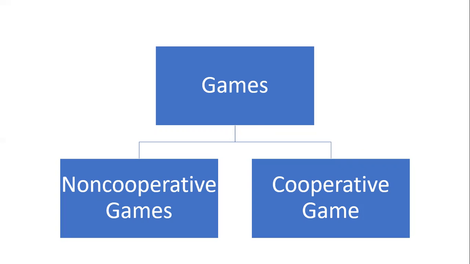One, non-cooperative games. These are the games in which the players make no contract to cooperate with each other. Therefore, each player competes with all other players in the game. This is like non-inclusive oligopoly.